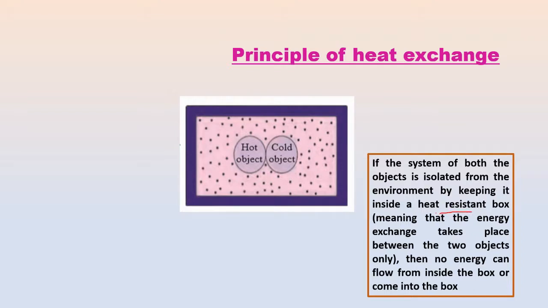Now when a hot object and a cold object are kept inside a heat resistant box and isolated from the environment, isolated meaning that the heat exchange between the environment and the box won't take place. But the heat exchange will take place between these two objects, that is hot and cold object. So that means there is no energy flow from inside the box or coming into the box.